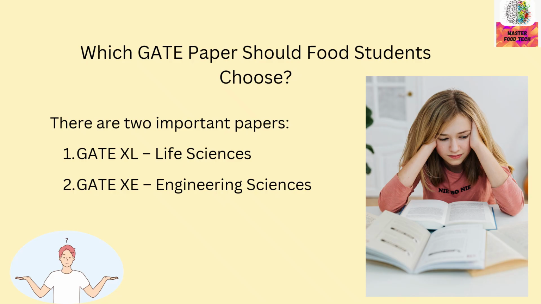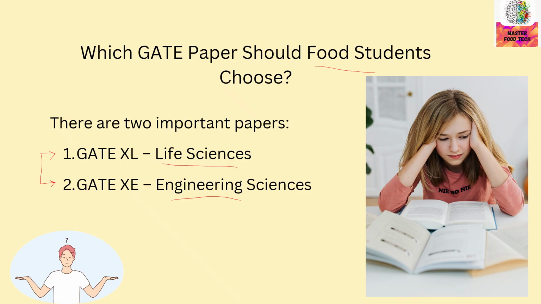Next is, which GATE paper should food technology students choose? So there are actually two papers, the first one is GATE XL and the second one is GATE XE. XL is life sciences, XE is engineering sciences.